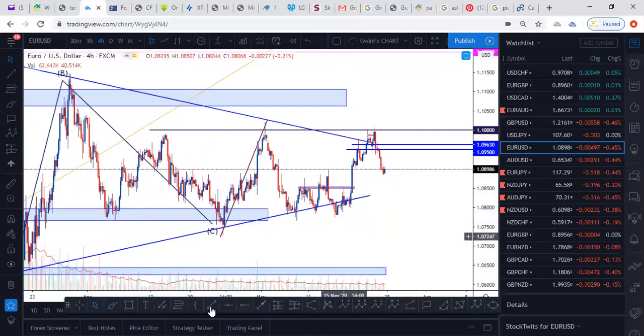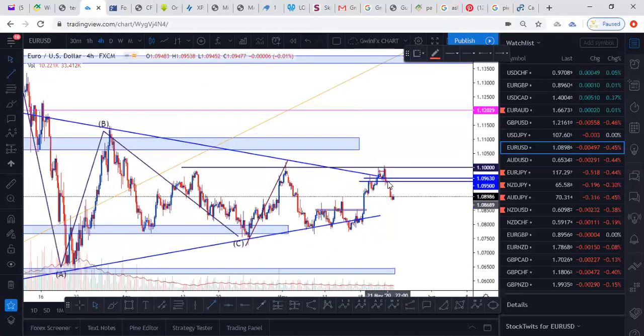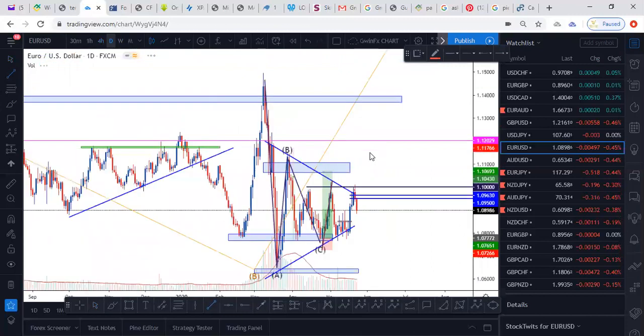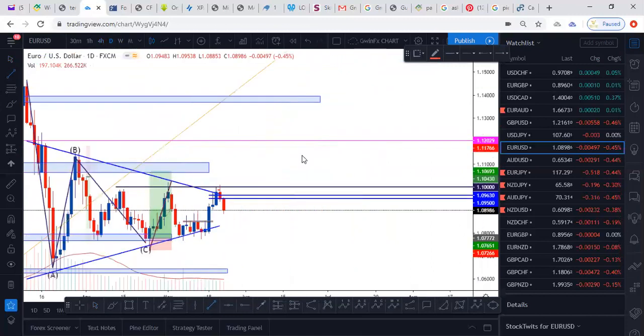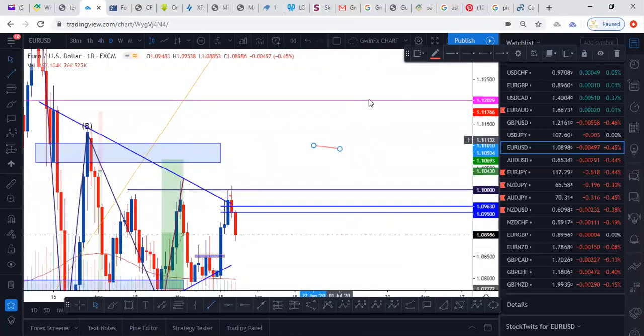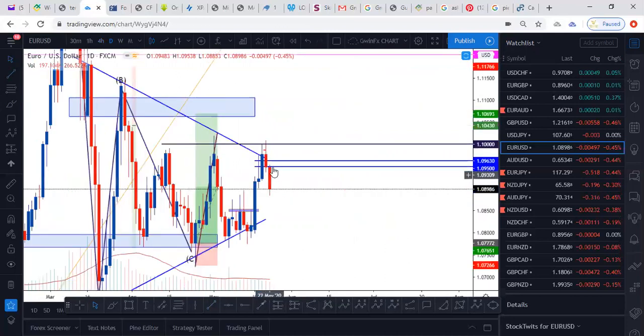Okay. So for this week, what we look to do with the Euro USD will be to wait at least for a retest of this structure here. Then we could look to sell back into this structure here.